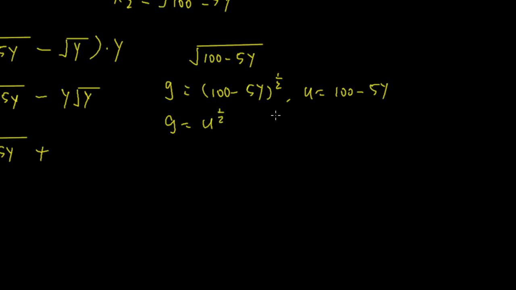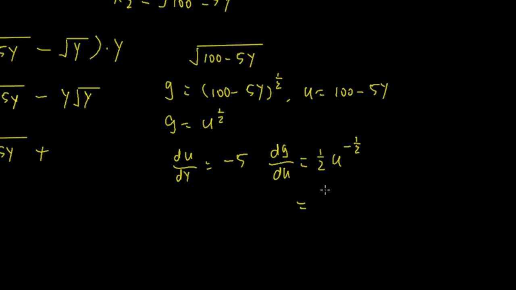According to the chain rule, I will take the derivative of u with respect to y. So du over dy here is just -5. And then next, I will take the derivative of g with respect to u. So dg over du will be equal to 1/2 times u to the power of -1/2, right? Subtract 1 from the power.